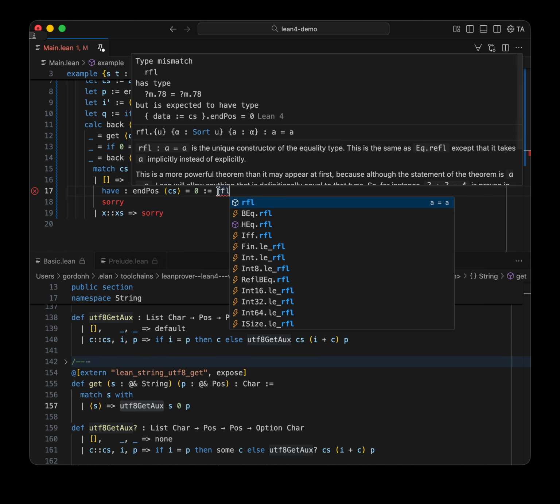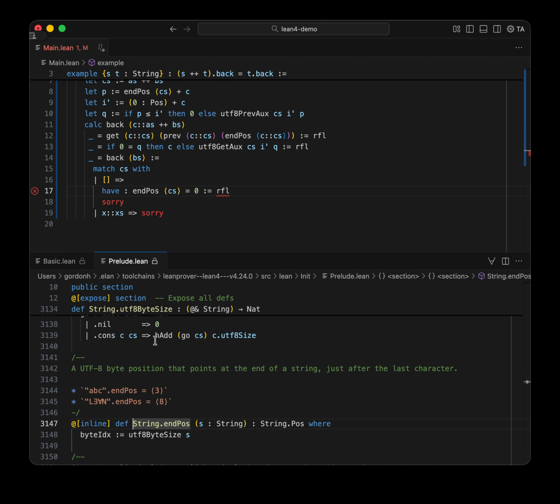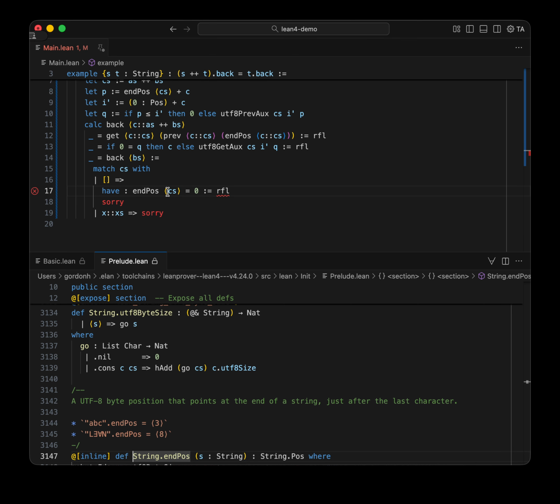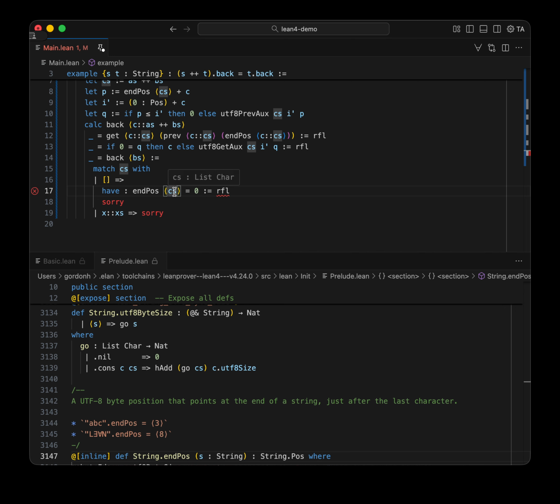Okay, reflexivity doesn't give us it. Why is that? The ending position of an empty string should just give you 0. So by definition, it should be 0. Then why is it not reducing to 0?